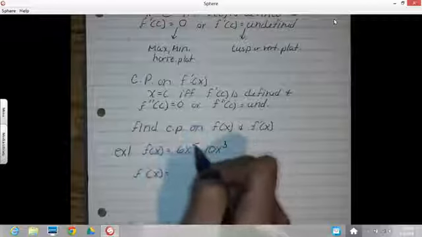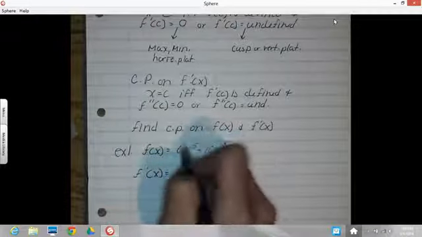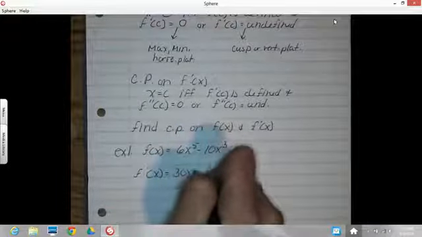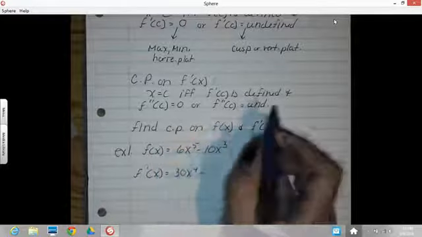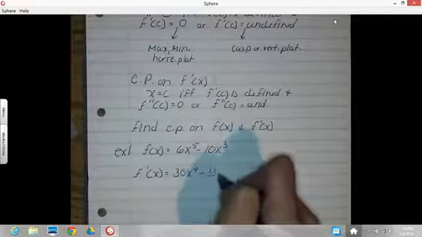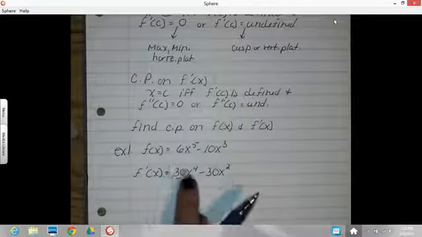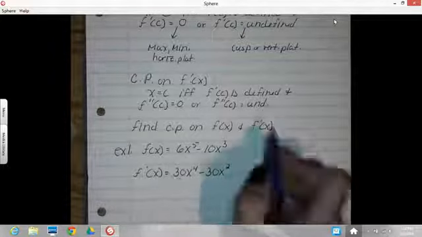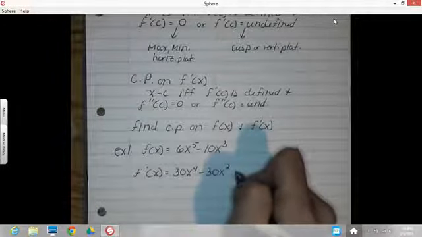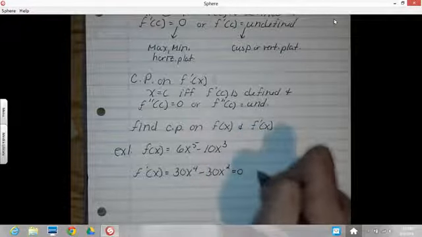So doing derivative, a little power rule here, 30x to the 4th minus 30x squared. So in order for there to be a critical point on f of x, this function here has to either equal 0 or be undefined.